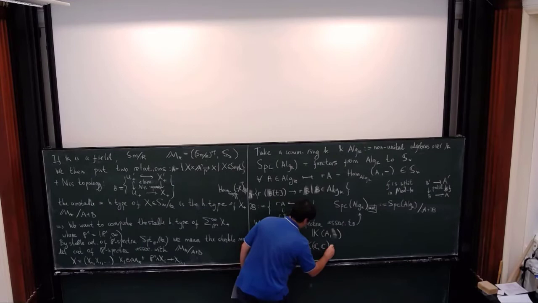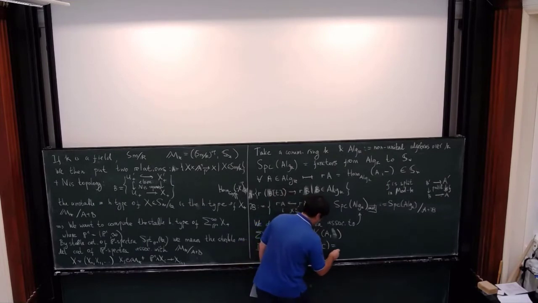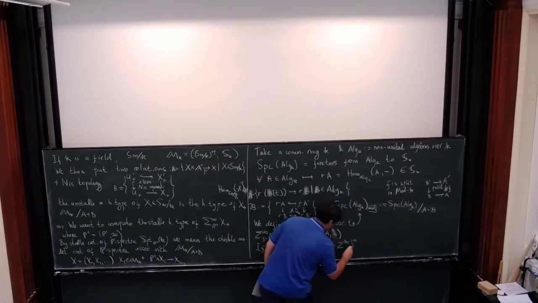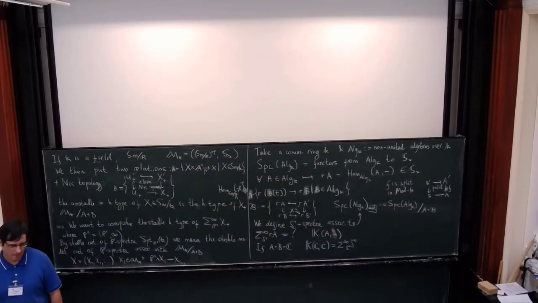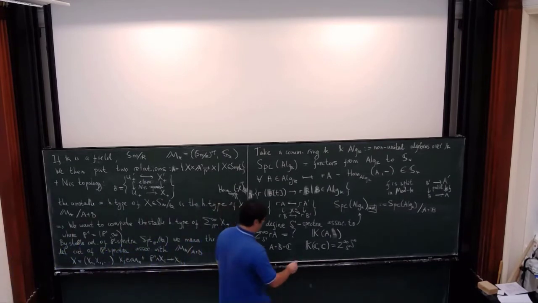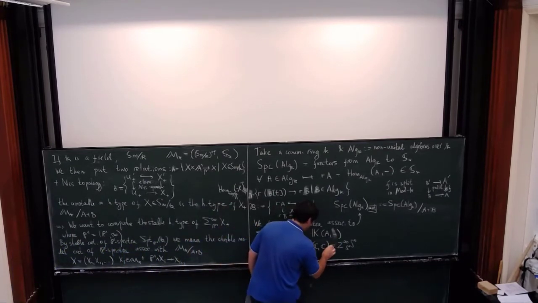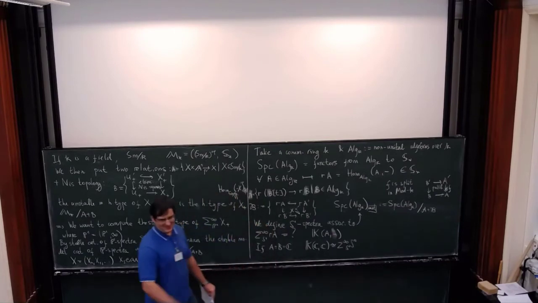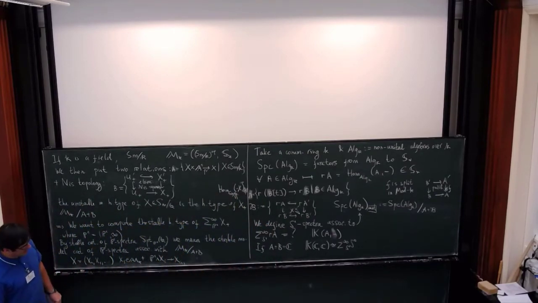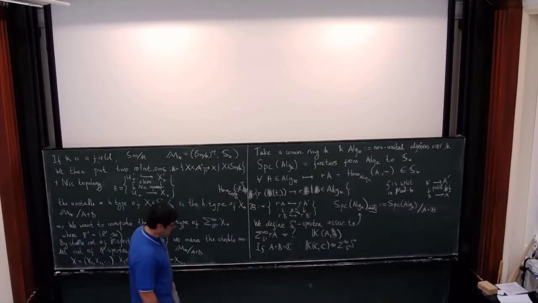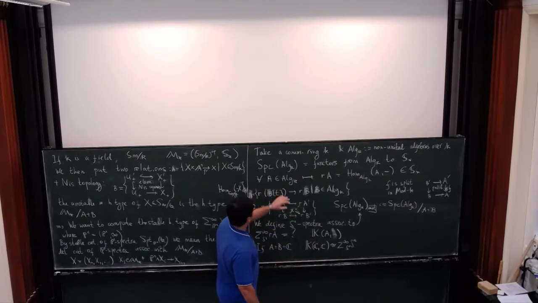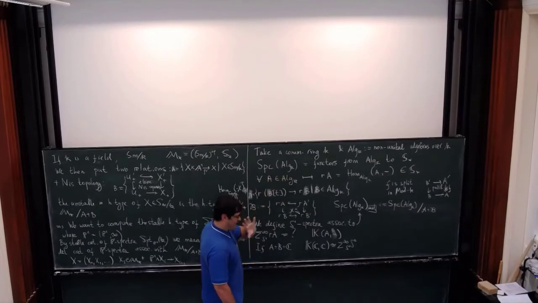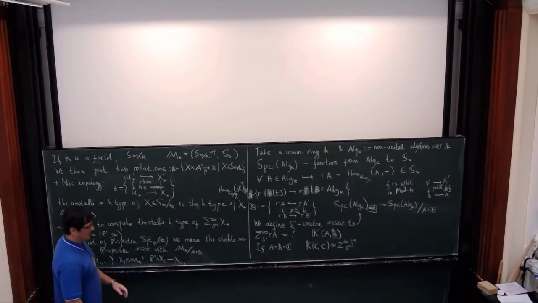And I'll justify why I'm hoping that this is the case. The usual suspension, the classical suspension spectrum, has homotopy type of the classical sphere spectrum, if I deal with commutative C-algebras, in fact.